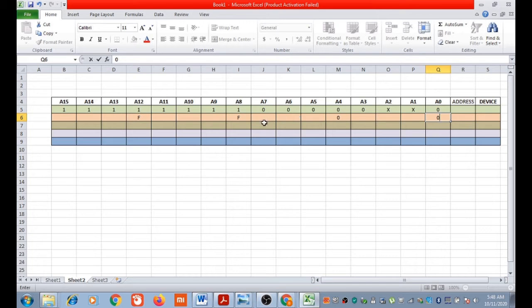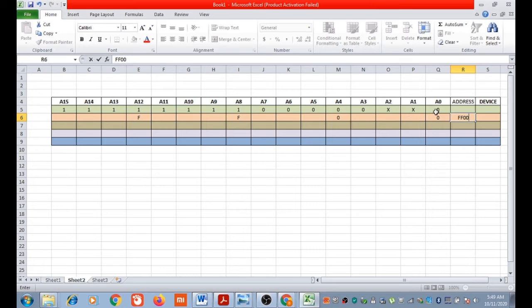See, we are deciding the address. We are writing the program related to this circuit. So we are assuming these bits are zeros. If these bits are zeros, you will get the address FF00. If you are assuming these are ones, you will be getting FF06.